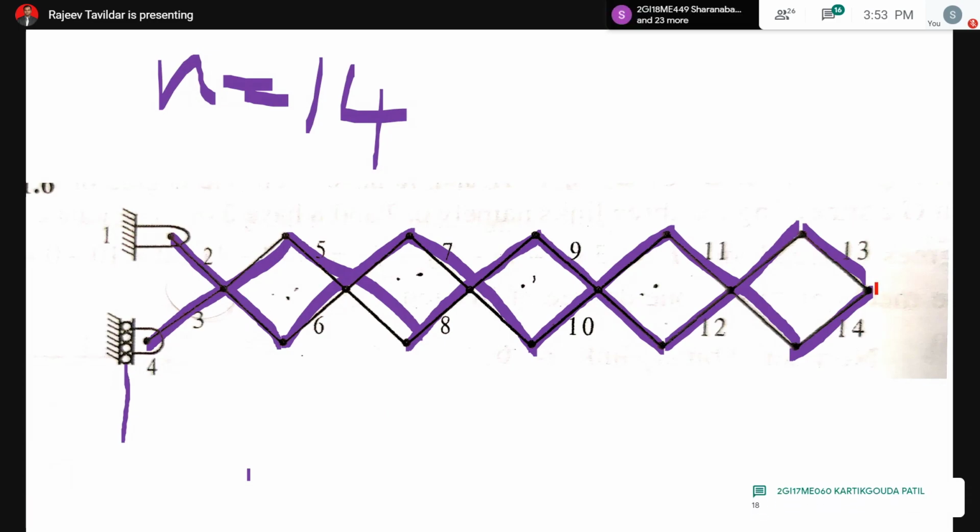So I'll start from here. You can start from anywhere, not an issue. So this joint, I'll first go on marking the joints, then we'll categorize them under J1 and J2. So this is one joint here.